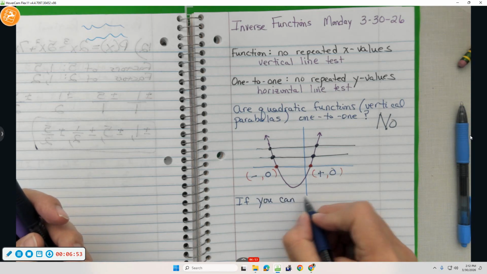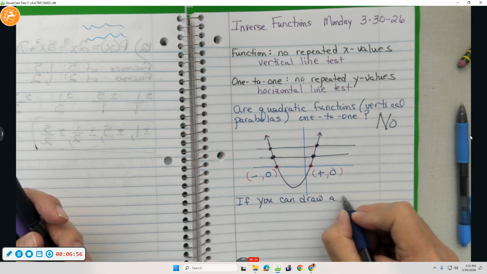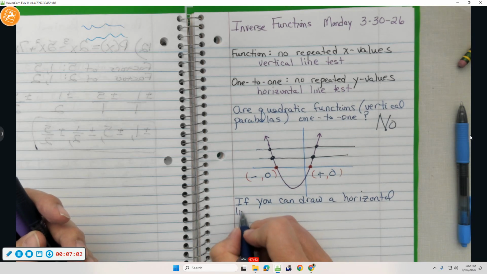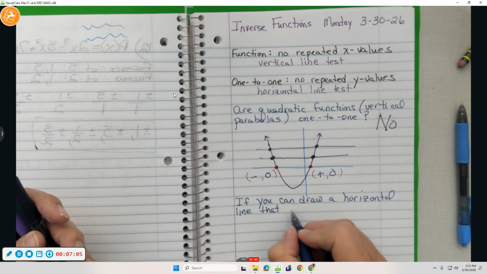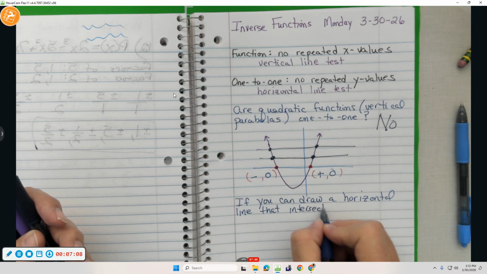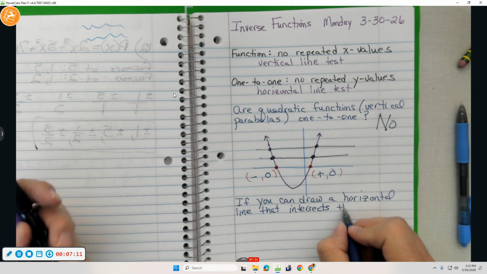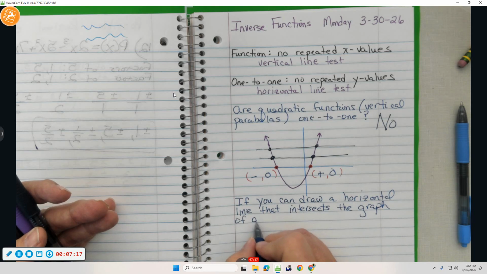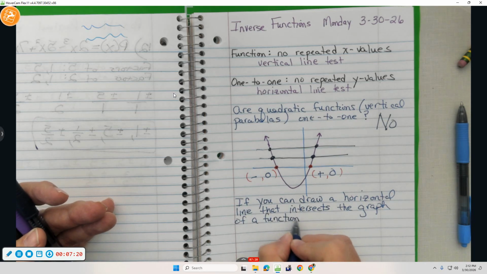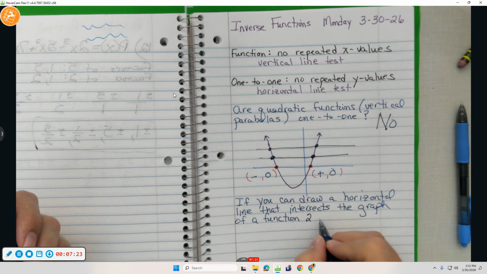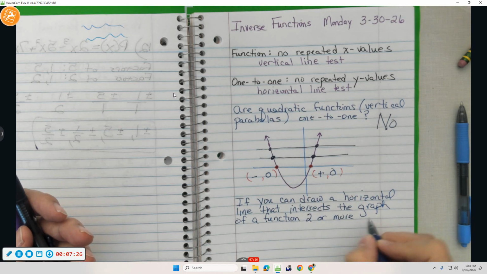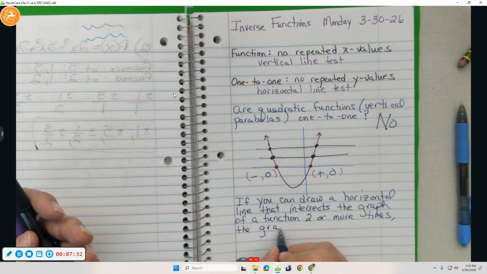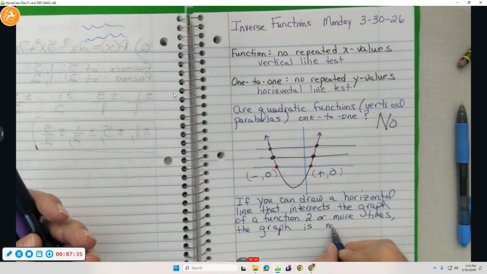If you can draw a horizontal line that intersects the graph of a function, and this is true even if it isn't a function, two or more times, the graph is not 1 to 1.